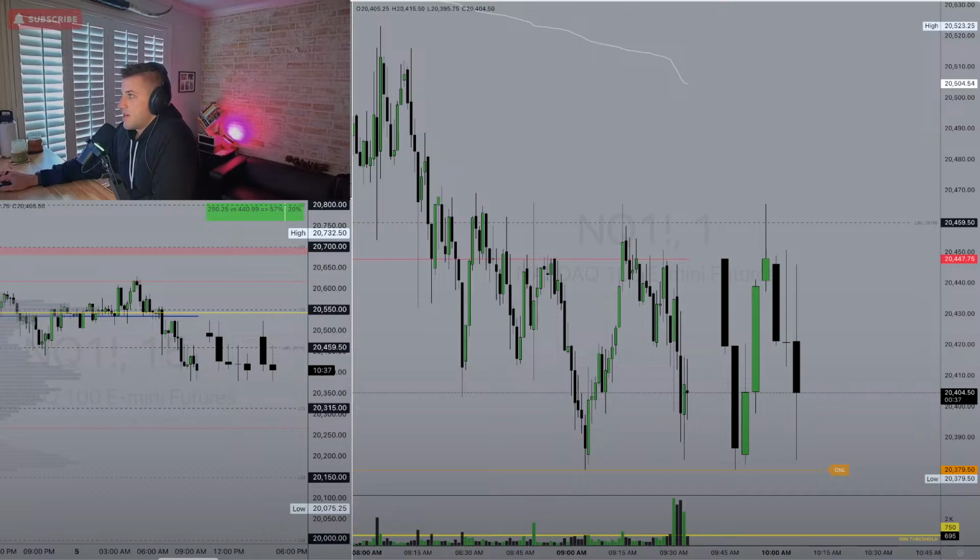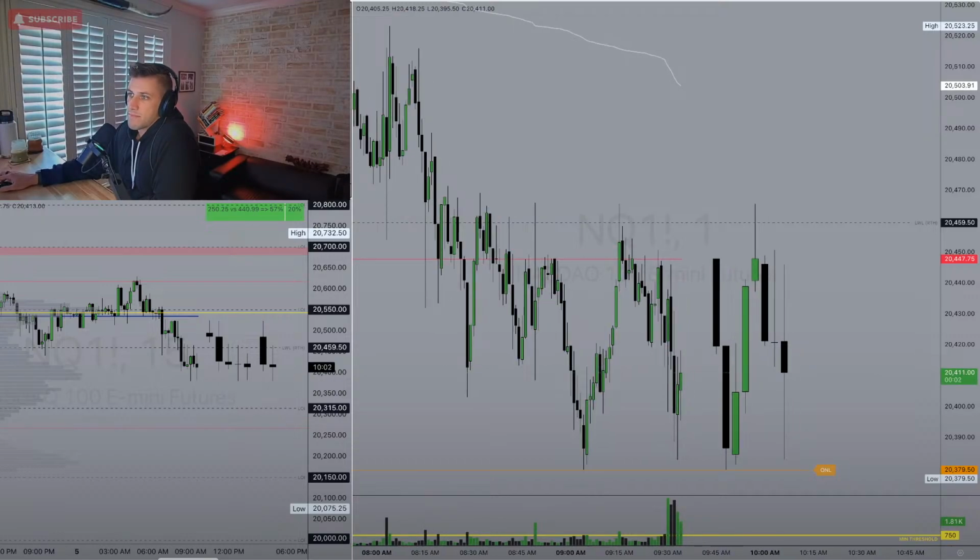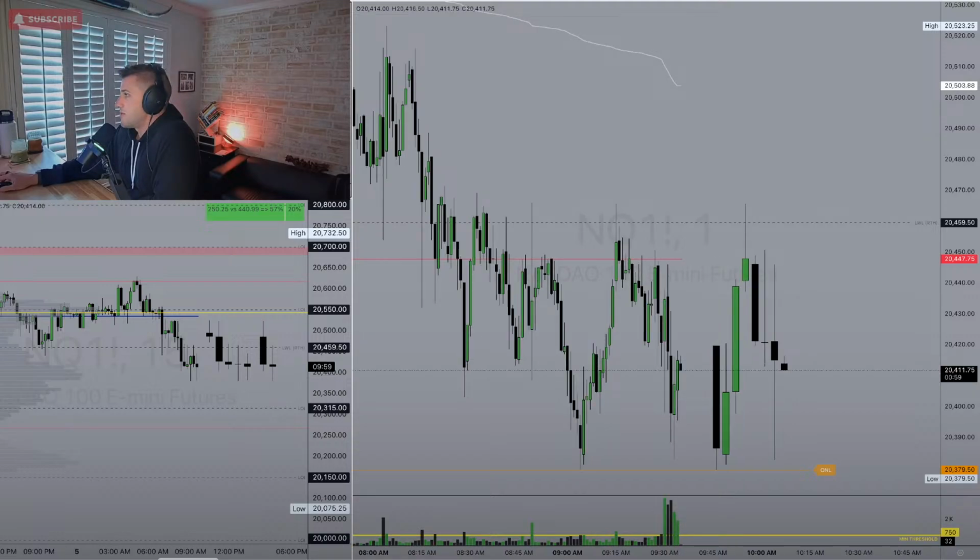And Q retesting that overnight low. Pretty slow open compared to yesterday, right? Opening 5 minute bar closes as a doji.